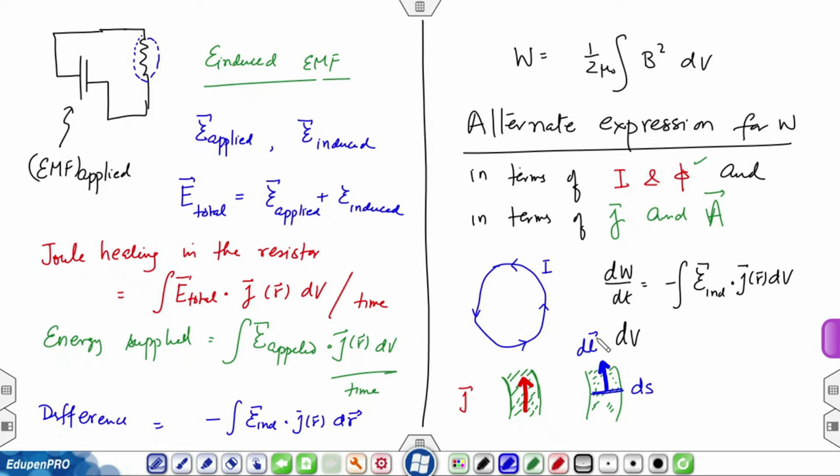which is in the direction of the current. So, I can put that vector instead of on j, I can put it on the length. So, I can write this expression as minus integral E induced dot dl times j ds, which is the same thing.